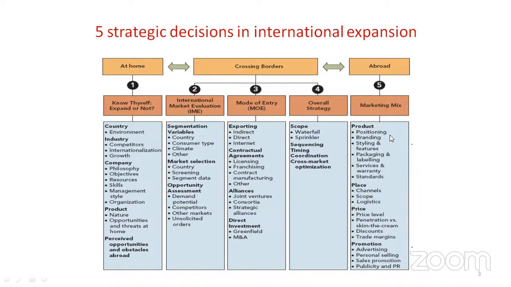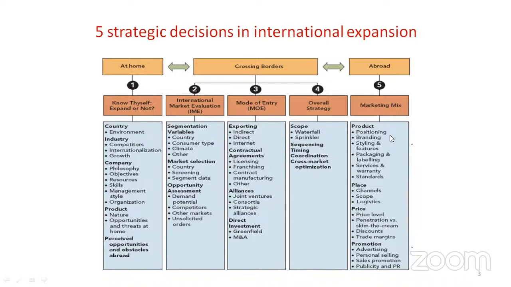Based on this, he divides the entire globe into different segments. Again, in that, he has to select one particular segment, which one he would like to go to: Asian market, European market, or African market. Once he selects that, he will look at which Asian countries he is supposed to enter.